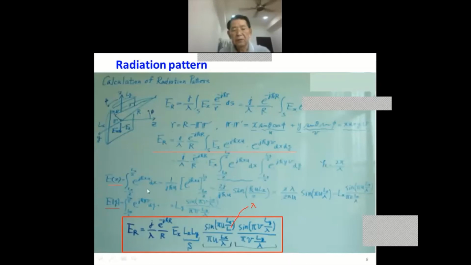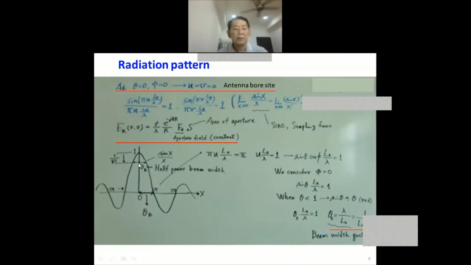This is y. So this is the typical shape of the sinc function. By this typical shape, we can understand something.